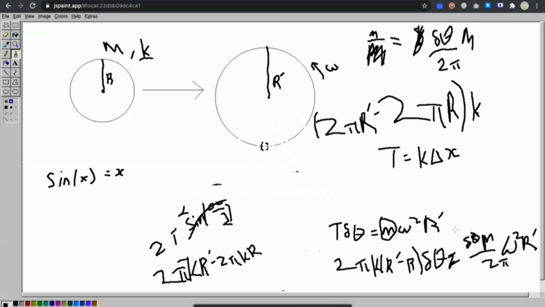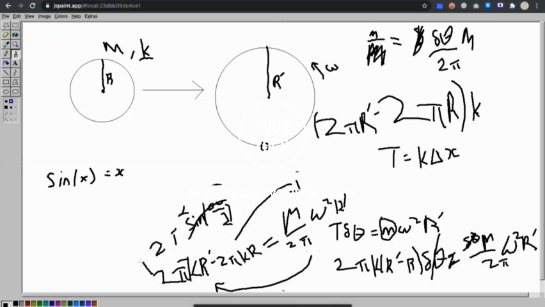And we see that we have 2 delta thetas, so these delta thetas can cancel out. So that's very good. But now we're left with variables that we already have, and we have r prime. So now we have, this is equal to big capital M over 2 pi omega squared r prime. Okay, so now we can move this term to this side and the other term to the other side.